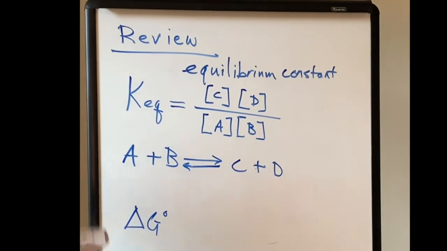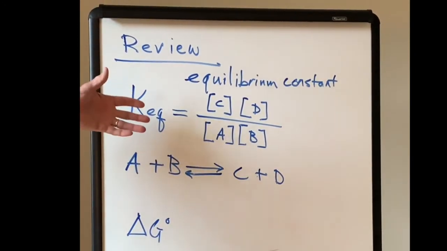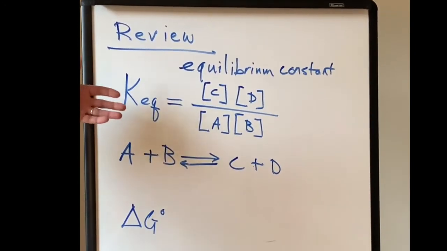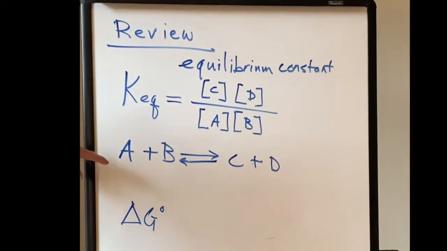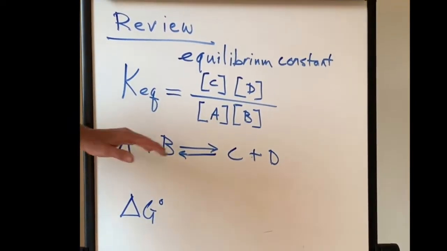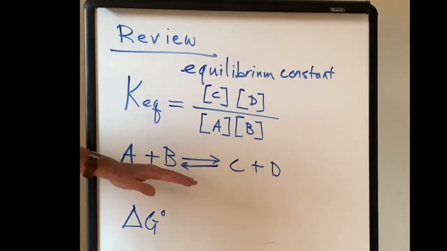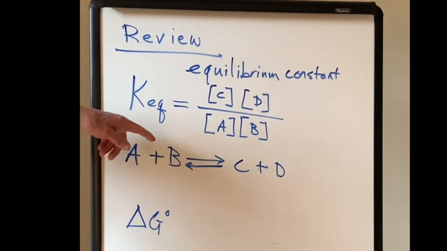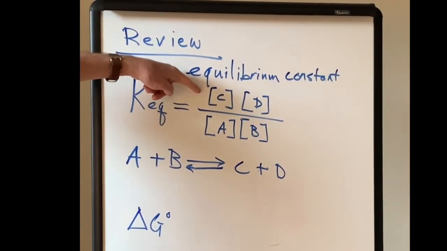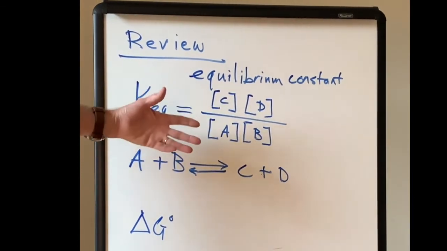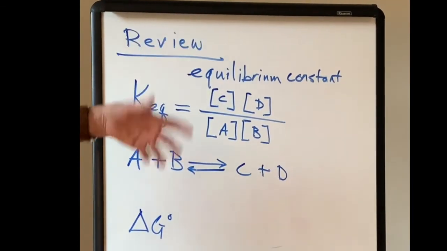So the size of that, the value of KEQ, indicates whether there are more products, in which case the KEQ has a large numerator and a small denominator, so the KEQ is a big, big number.